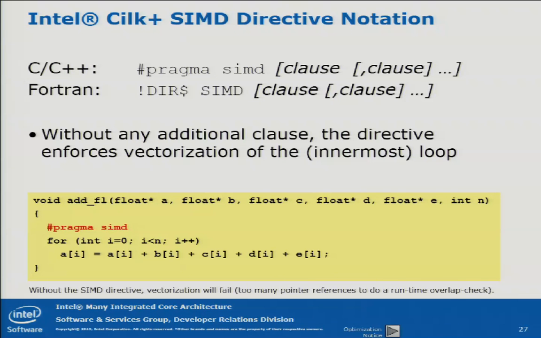So for example, here in this case, the compiler can again not vectorize, although the loop seems to have no dependencies. The dependency might come from the fact that A, B, C, D, and E might overlap. And sometimes the compiler does an overlap check, if it can do that. For 5 elements, it's just too complicated, so the compiler would just tell you, hey, I cannot vectorize that part of the code.